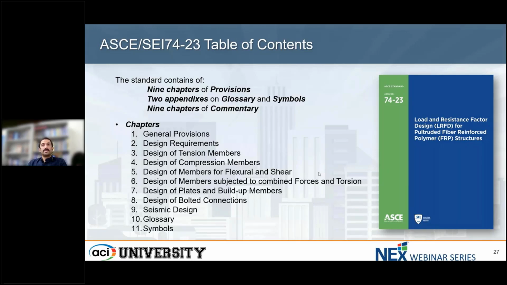The standard contains 9 core chapters covering essential design areas like tension and compression members, flexure and shear, and connections. Additionally, it has a section for seismic design, 2 appendices for glossary and symbols, and 9 chapters of commentary. They are not mandatory, but the first 9 chapters are mandatory.